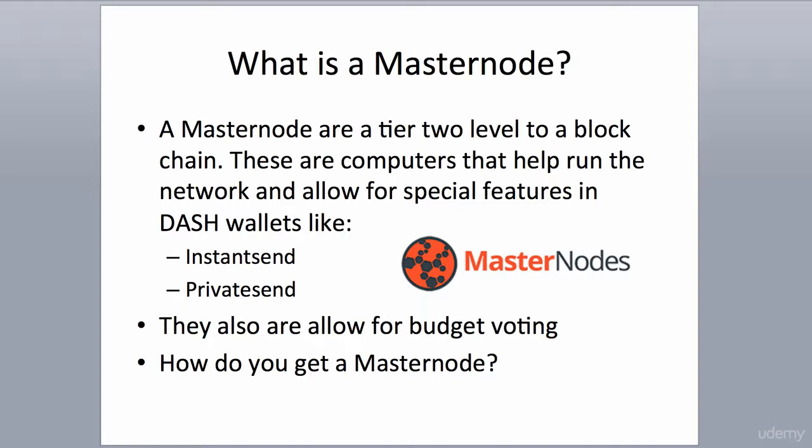Another thing about having a masternode is it is used for budget voting, for the decentralized governance system, which I will go over in the governance section. At the end of this section, I'm going to be talking about how you get a masternode. But let's not get ahead of ourselves. Let's continue on to the next lecture on, is a masternode even worth having?